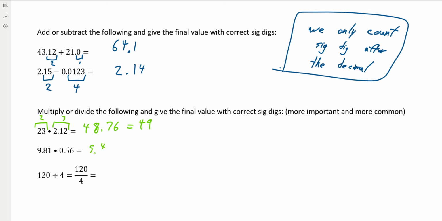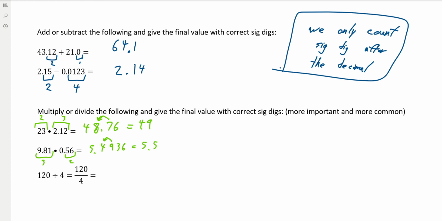Well, our calculator will tell us 5.4936, but when we're counting sig digs, this one only has 2, this one has 3, so it should only have 2 sig digs, and it would round up again. If you don't know rounding rules, look them up.